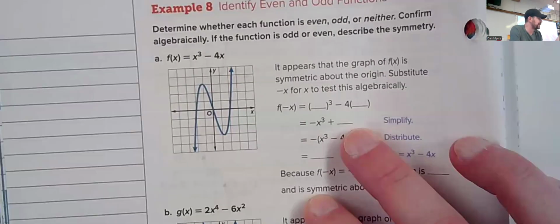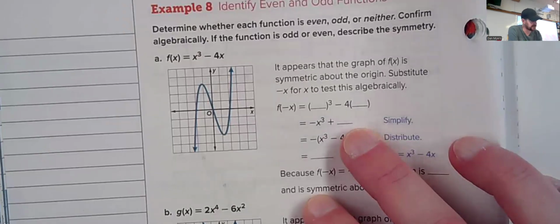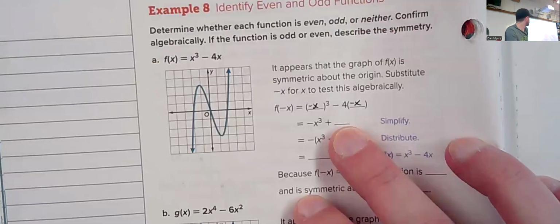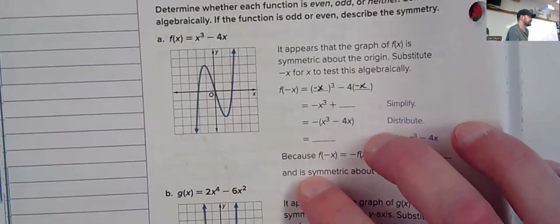I'll do a number example as well, just to show you with numbers, but we're going to use just pure algebra for the moment. And so everywhere you see x, you're going to substitute in opposite x or negative x.